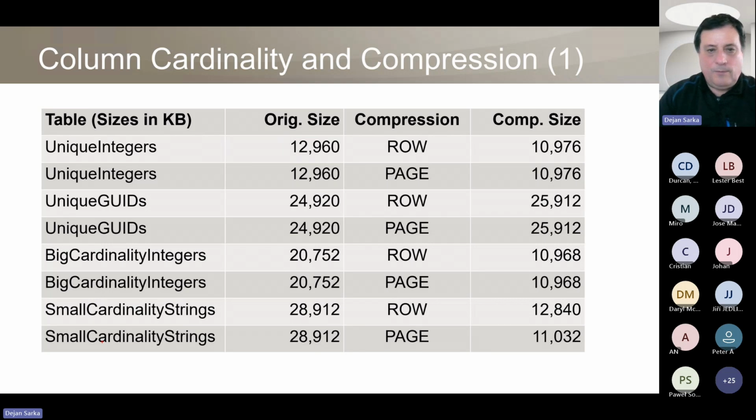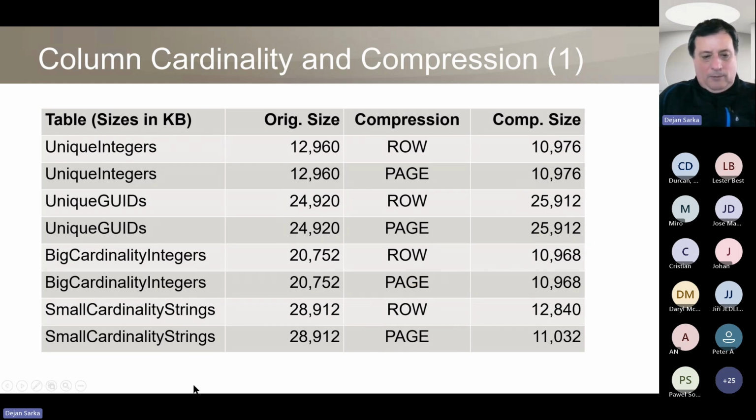And then for unique GUIDs, you see, this is original size. Of course, GUIDs are bigger than integers, nearly 25 kilobytes. Look after compression. Well, GUIDs are very, very bad for compression. So after row and page compression, the size of data is even bigger than before the compression.